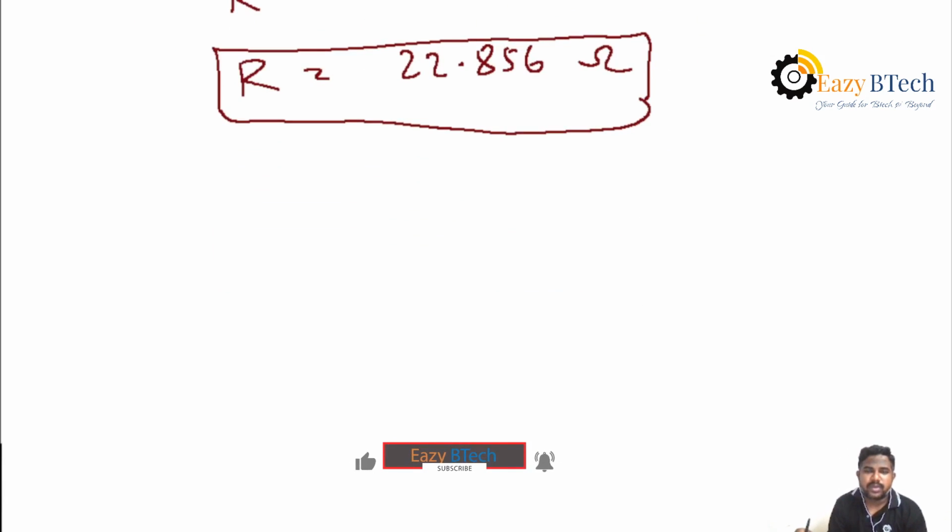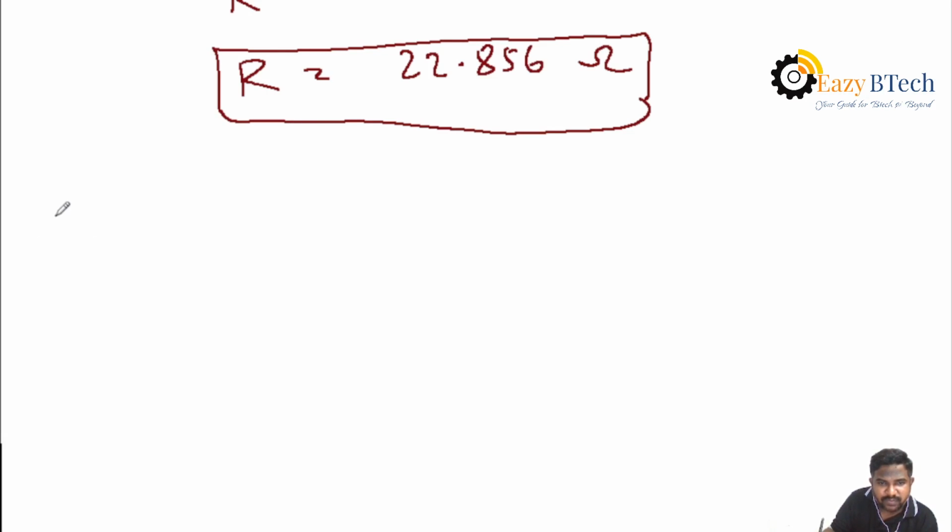So in this way, you can find out the resistance of the three-phase impedance. Then what is the other element we will find in this problem? The given impedance is in the form of resistance and inductance. That's why we need to calculate the value of inductance L. Therefore, first of all, you can find out the inductive reactance.